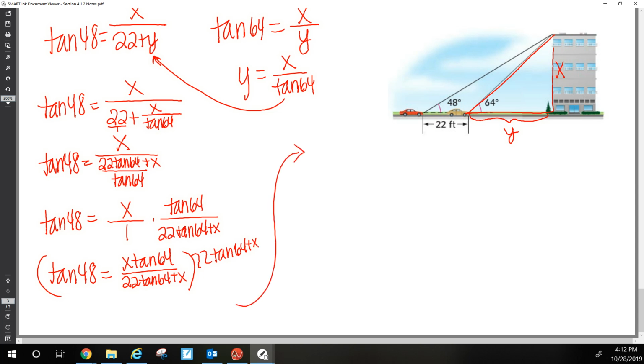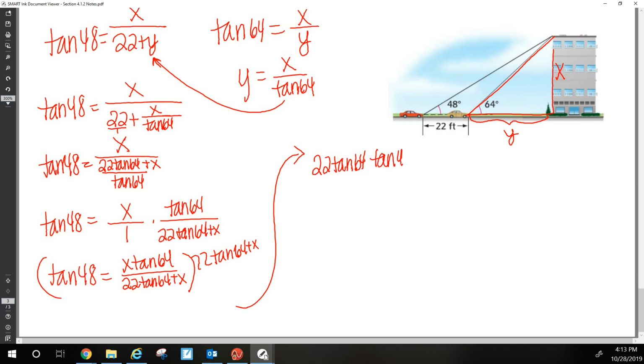So 22 tan 64 times tangent 48 would be 22 tan 64 times tangent 48 plus x times tangent 48. So I went ahead and distributed when I was multiplying. So I did tangent 48 times the first part, and then tangent 48 times this piece, and that's how I got this. And that's now equal, this would cancel with this one on the other side, so I just get x tan 64.